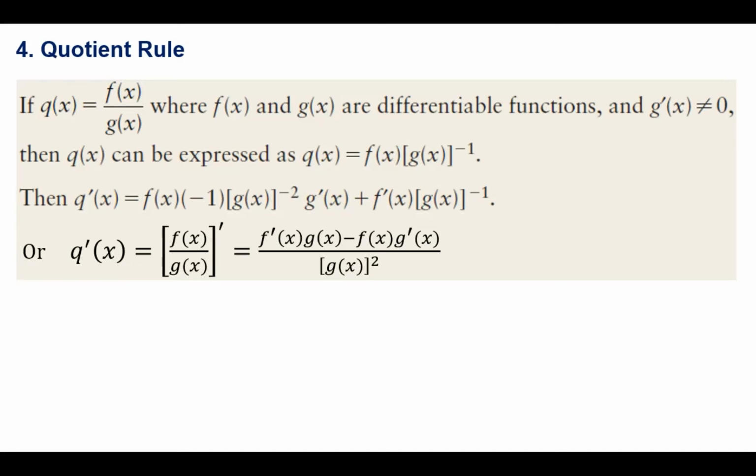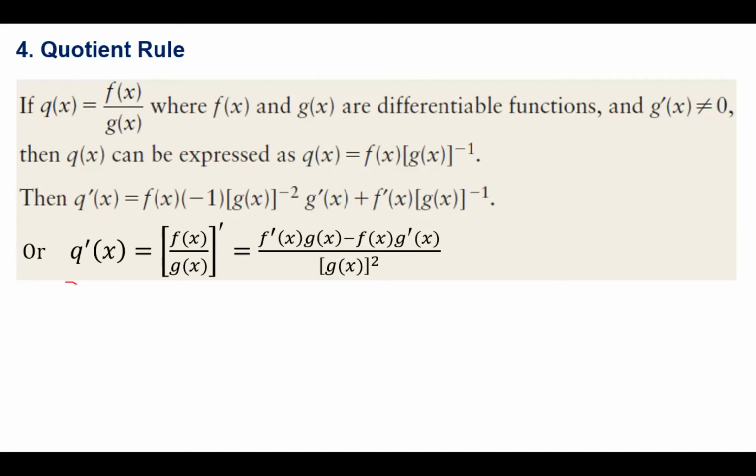q(x) can be expressed as q(x) equals the product of f(x) and g(x) to the power of -1, right? Then according to the product rule, we have the derivative of q(x) equals the derivative of the first function times the second function plus the derivative of the second function times the first function, which can be simplified to the form here.